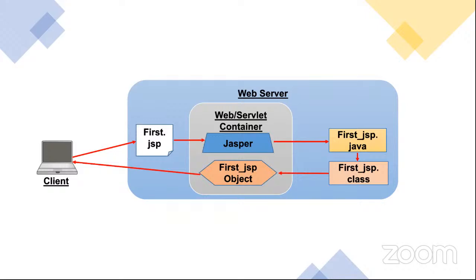We have methods for this lifecycle, so it calls those and proceeds with the rest. The main purpose of this Jasper engine is converting .jsp to a Java file. The .java file is a servlet class, and that will be compiled, and then the .class file will be generated.